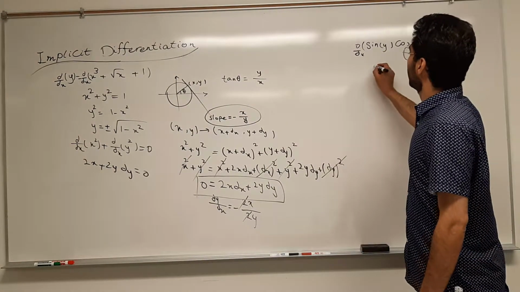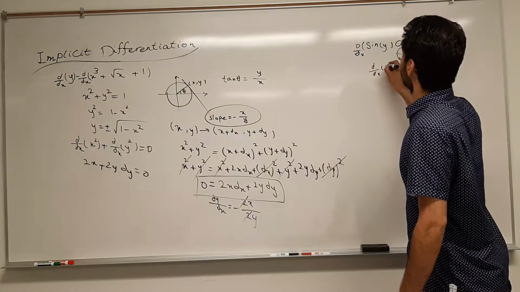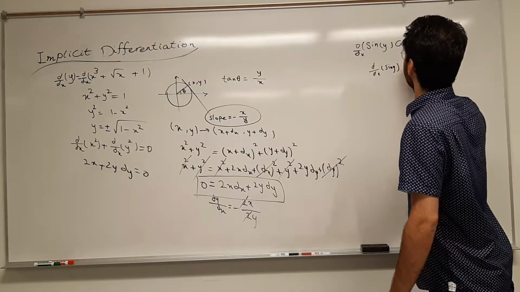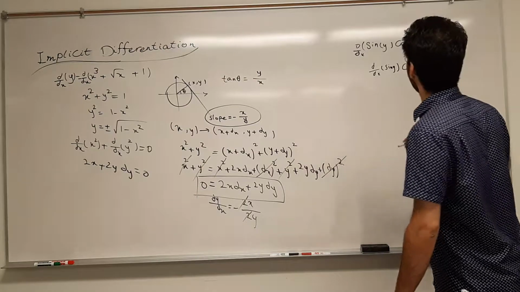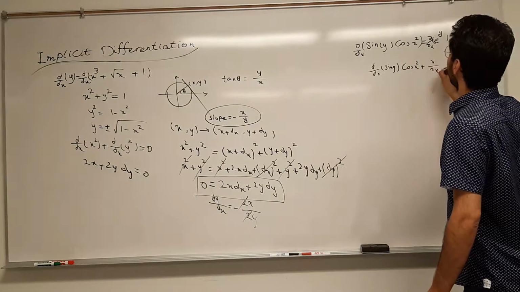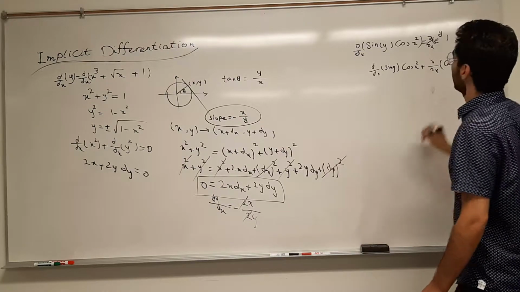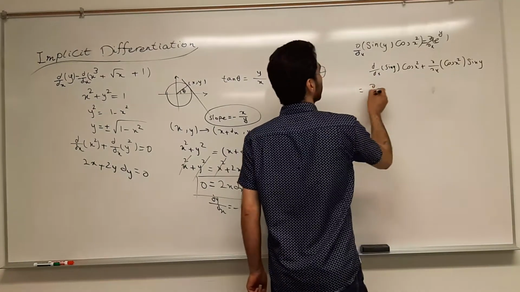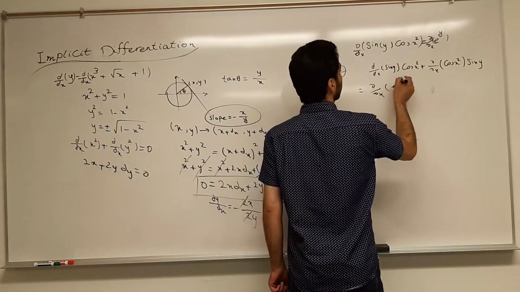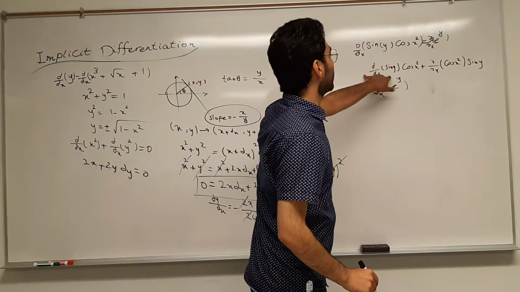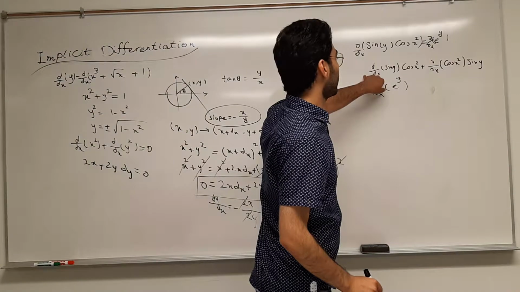The derivative of sine y, so d/dx of sine y times cos x squared, plus the derivative of cos x squared times sine y, is equal to the derivative of e to the y. So here we are differentiating sine y with respect to x.